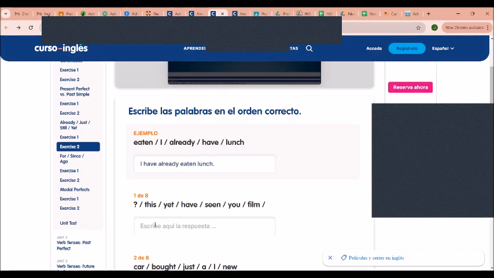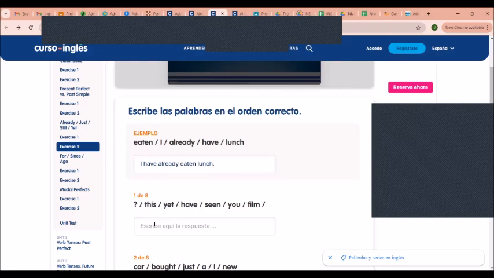Necesitamos un verbo auxiliar o una palabra de pregunta. ¿Cuál es en esta oración? ¿Cuál sería? This, yet, have, seen, you, or film. Es que hice la pantalla negro. Ah, okay. Your internet is a little bit of trouble.